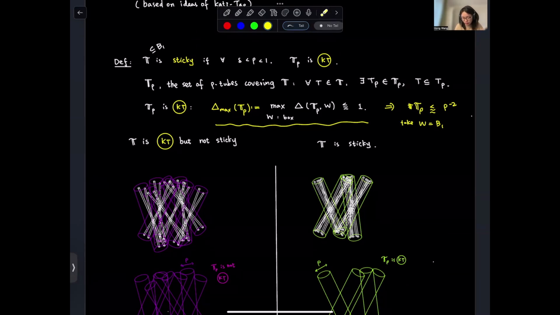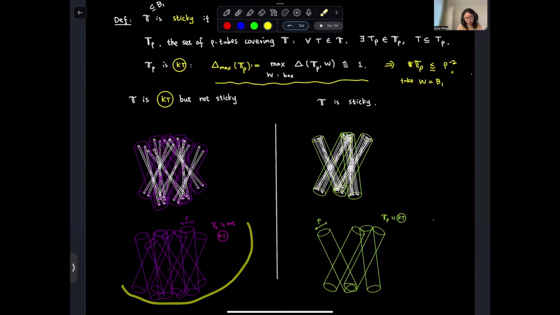So using the fact that the density of T_ρ in the unit ball is bounded by 1, one can show that the number of ρ-tubes is less than ρ^{-2}. And so in the picture on the left-hand side, there are too many ρ-tubes. So this T_ρ does not satisfy the Katz-Tao-Wolff axiom.